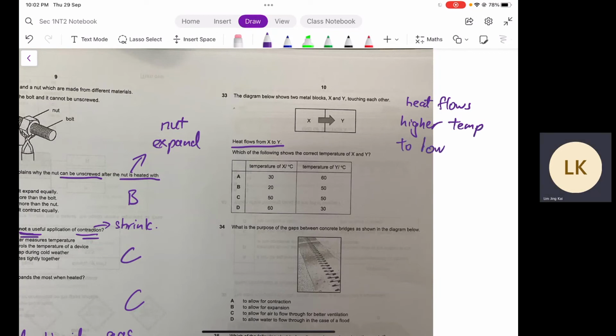So if we know this, when we look at the picture, we should know that X must be the higher temperature, while Y is the lower temperature object. If you look at all the options there, only D is the one, because D is 60 for X and Y is 30 degrees Celsius.